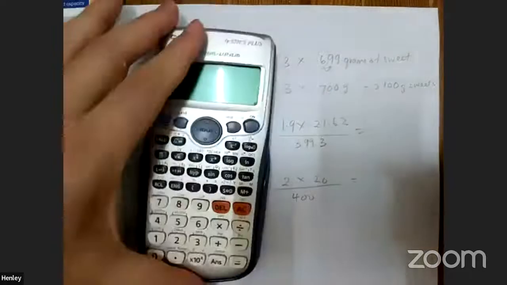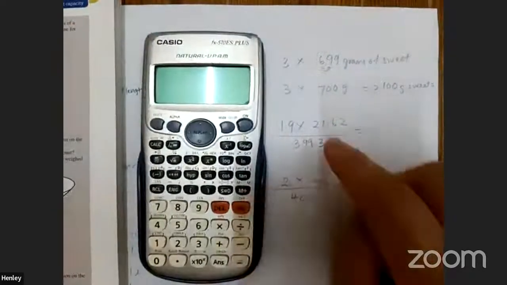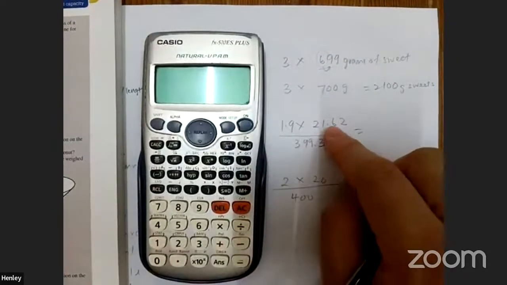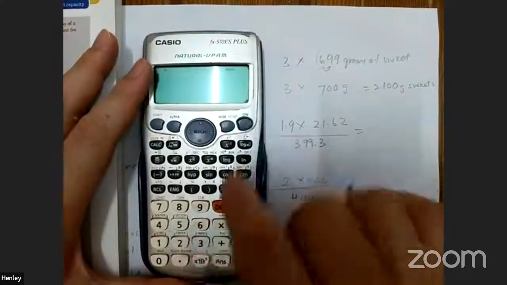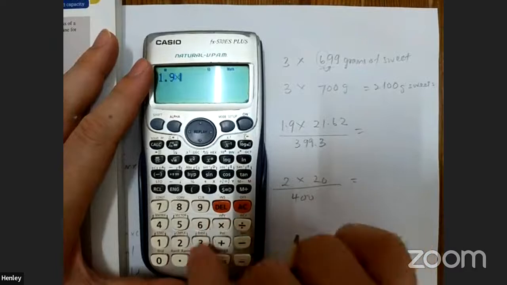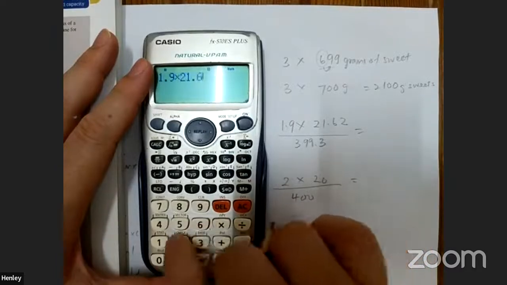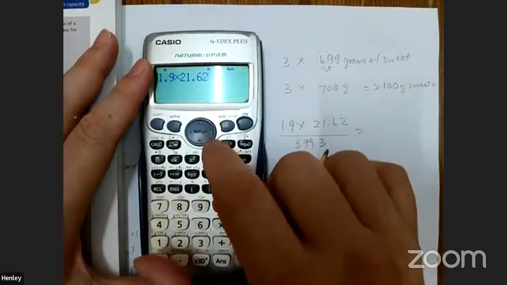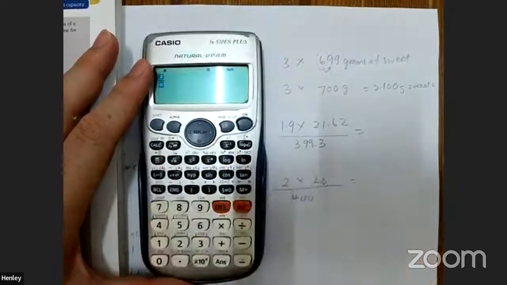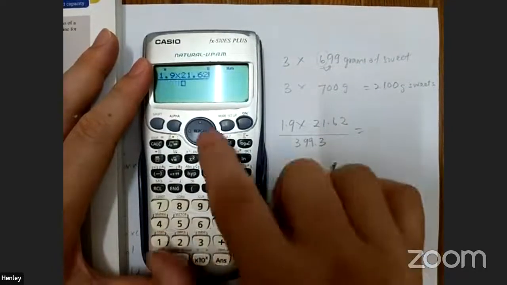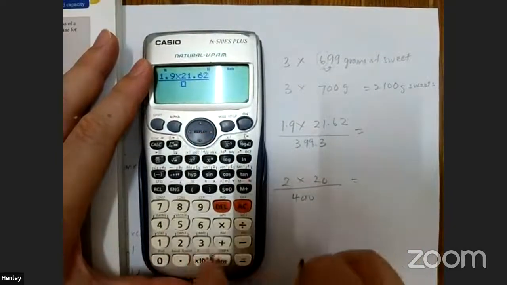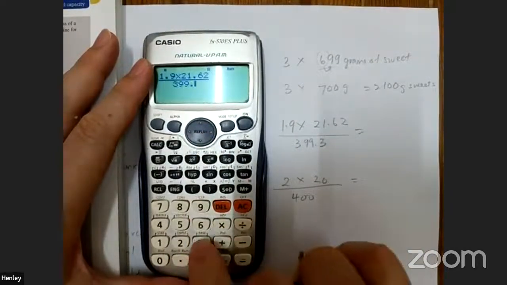So you may try to press the actual, exact, accurate value, which is 1.9 times 21.62, and then the below part will be 399.3.